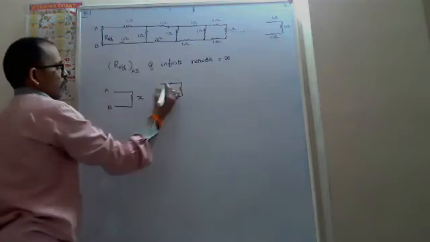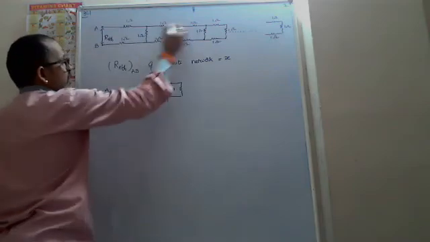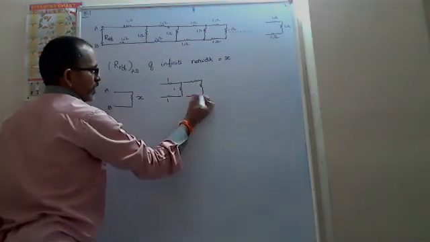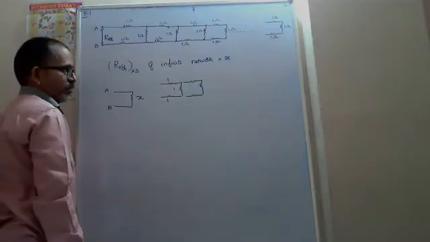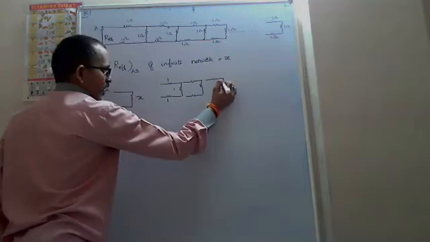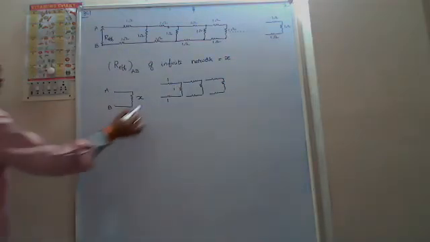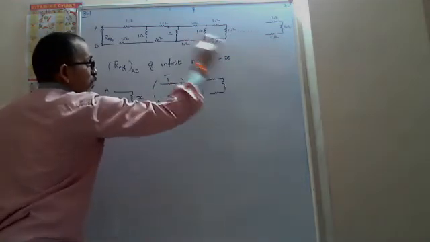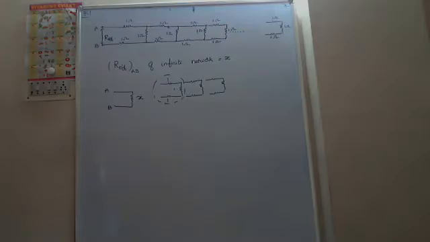Observe further: the same branches are added together. This is the second branch. Is it identical? Yes. See the third branch, that is also identical. So for this type of infinite branches, the effective resistance is X.